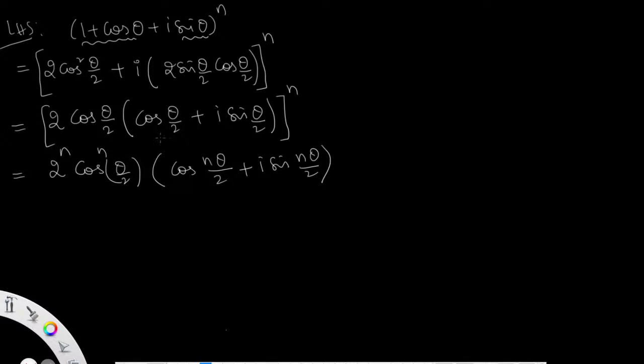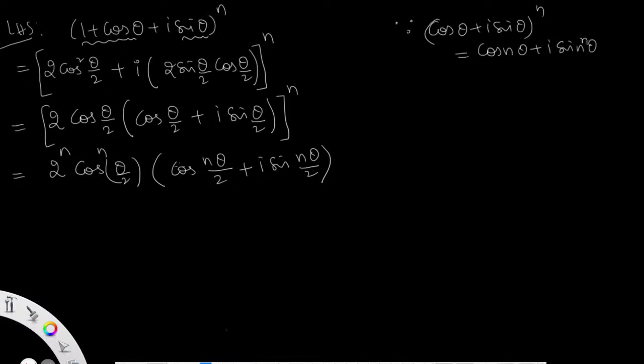But this has to be De Moivre's. This form has the power of n. Why? Because cos theta plus i sin theta whole to the power of n is nothing but cos n theta plus i sin n theta. Whenever cos theta plus i sin theta whole to the power of n is there, we can join with the argument, that is cos n theta plus i sin n theta.